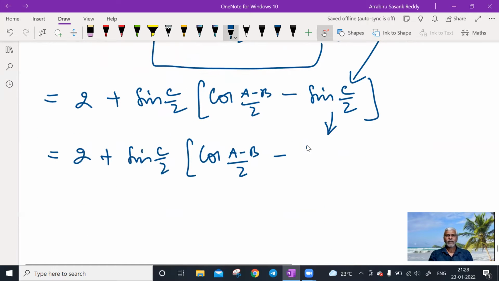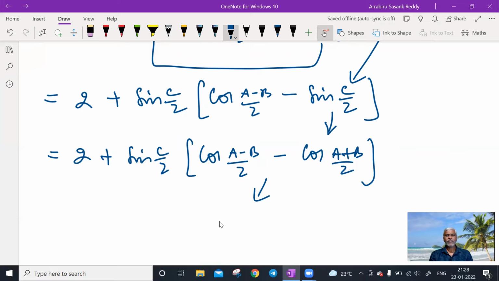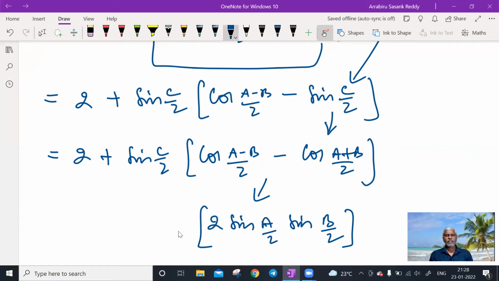Now if we subtract, cos(a minus b) minus cos(a plus b) is 2 sin a sin b. Here a by 2 and b by 2 are there, so this is 2 sin a by 2 sin b by 2, the remaining as it is.